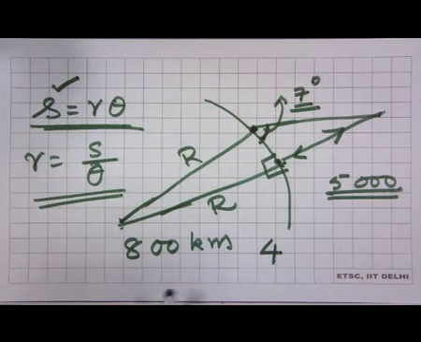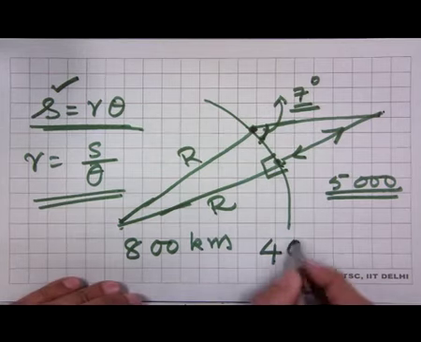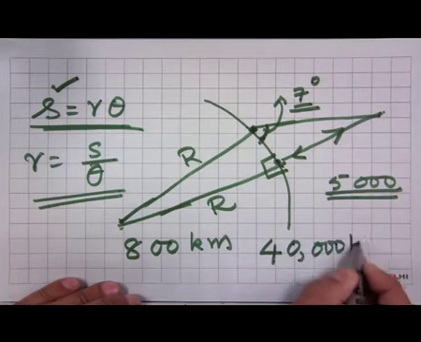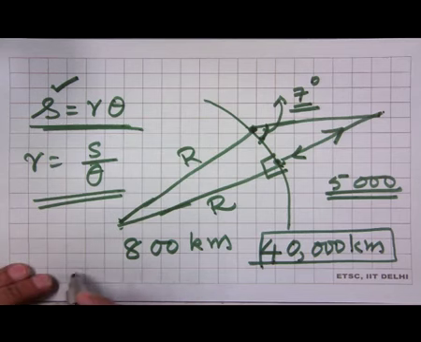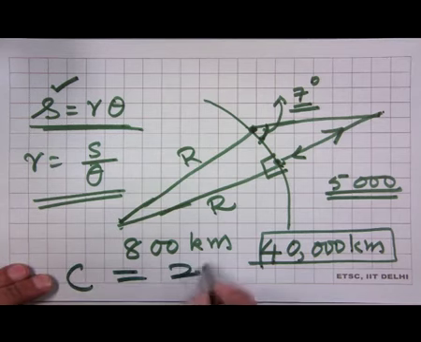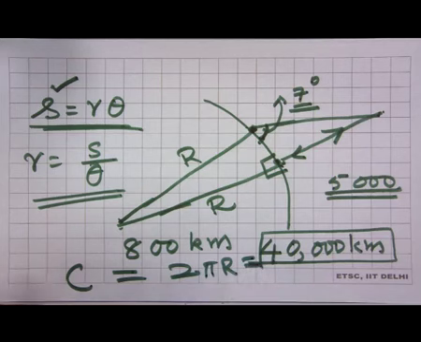He estimated the circumference, multiplied it by 2 pi r, you get 40,000 kilometers. So, circumference is equal to 2 pi r is equal to 40,000 kilometers is what you are going to get.